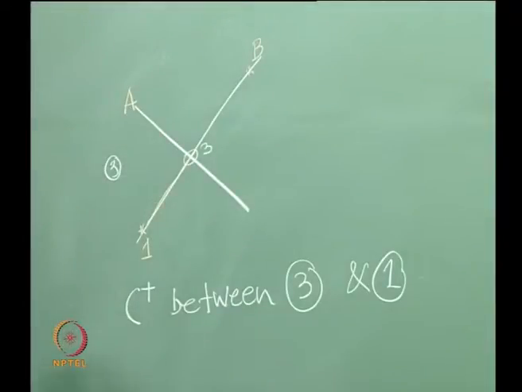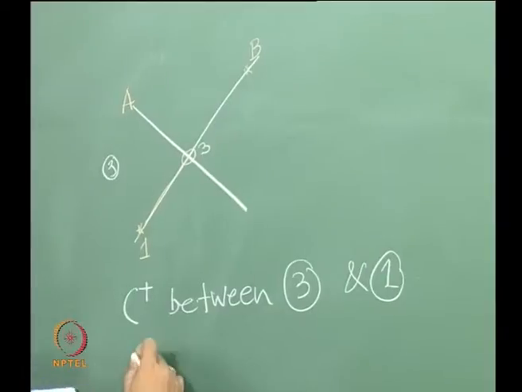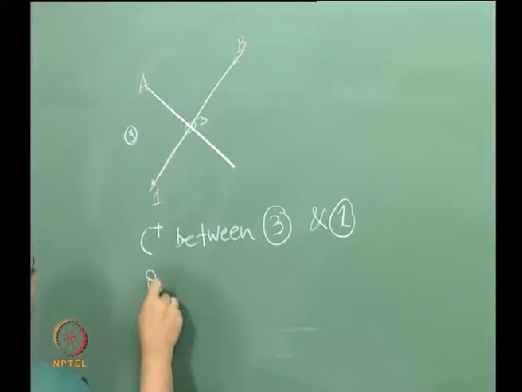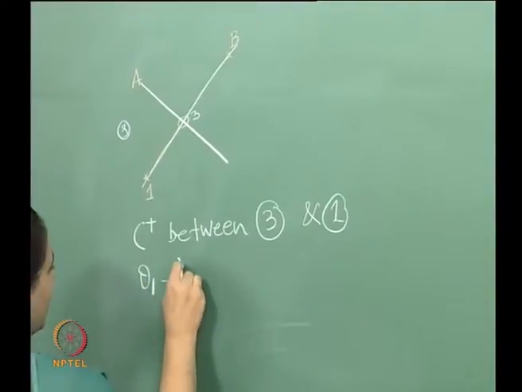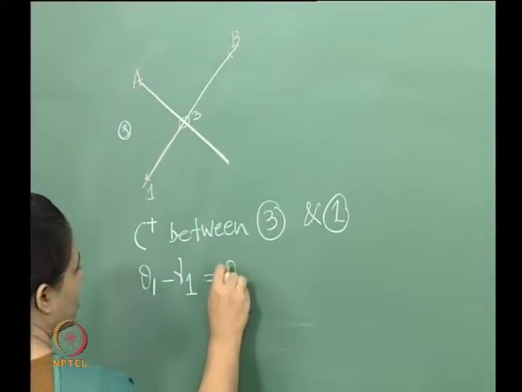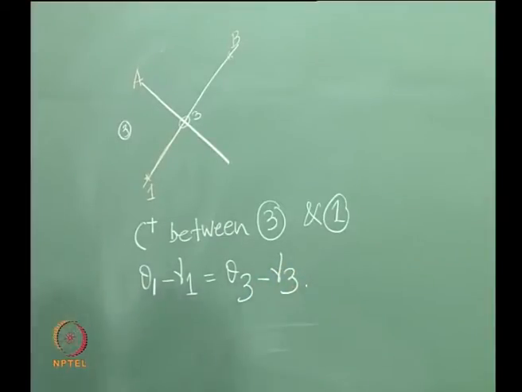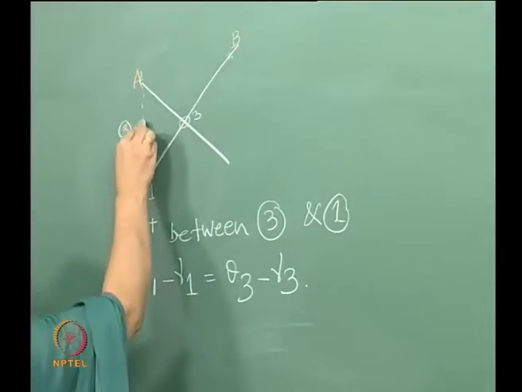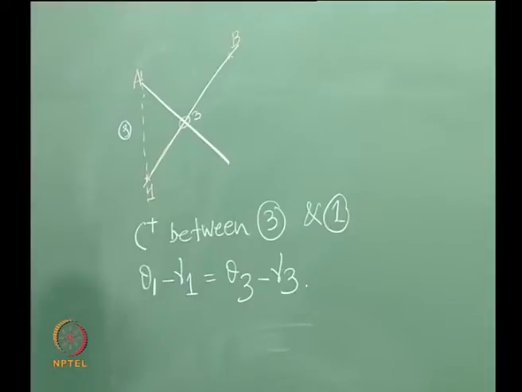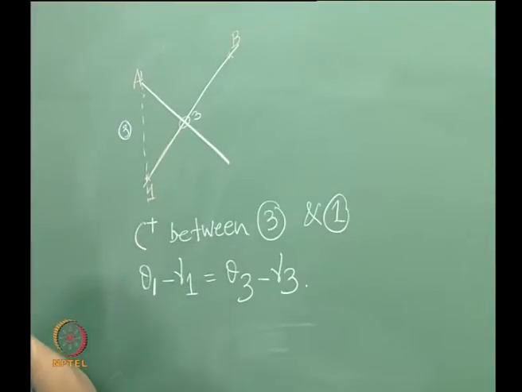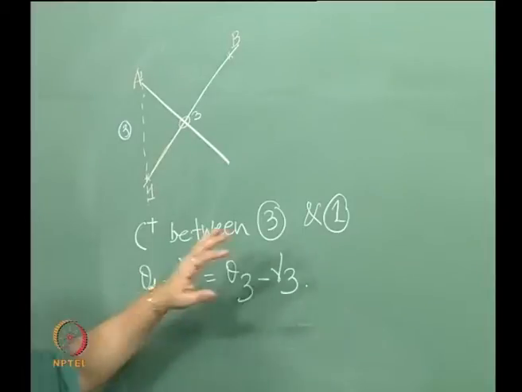Okay, so which means that theta 1 minus nu 1 is equal to theta 3 minus nu 3. So now you of course know that A and 1 are at the entrance, right, is the entrance.